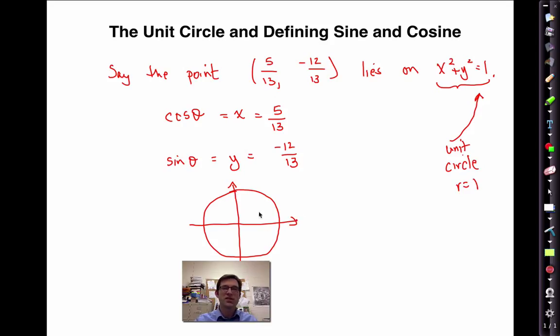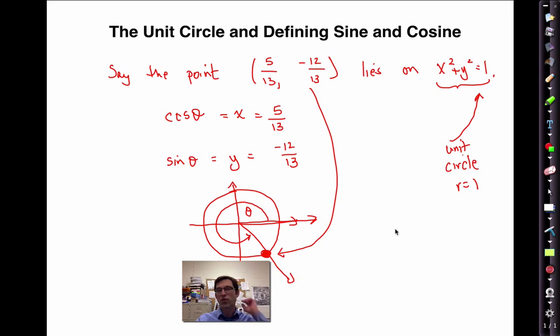That point's got a positive x-coordinate and a negative y-coordinate, so it's probably something like that. I don't even know what the angle is, but the idea is, and I'm sorry I missed the point. Let's make the point really big, like that. The idea is whatever this angle is, remember it's always being measured from the positive x-axis. Whatever that angle is, theta, I can say the cosine of theta is 5/13 and the sine of theta is -12/13. That's it.